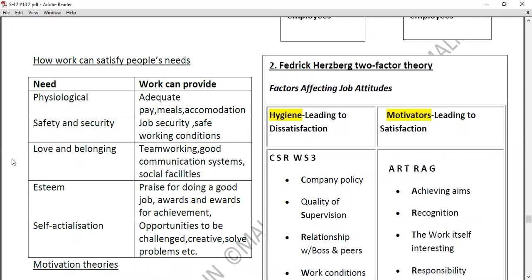Then love and belonging, the social needs: teamwork, good communication systems, social facilities. And esteem needs, like praise for doing a good job, awards and rewards for achievement. And finally self-actualization: opportunities to be challenged, creative, and solve problems. These are the things.